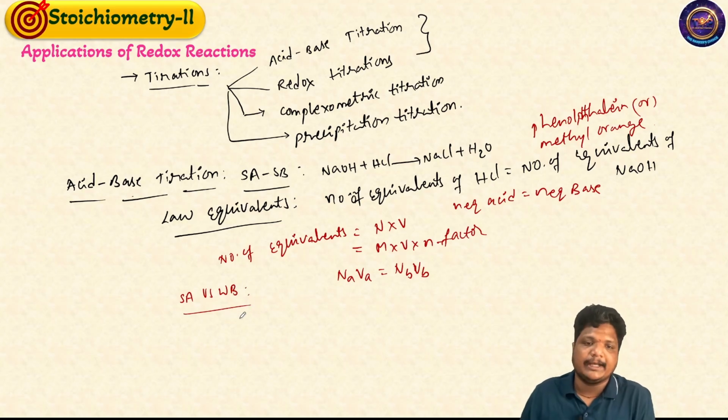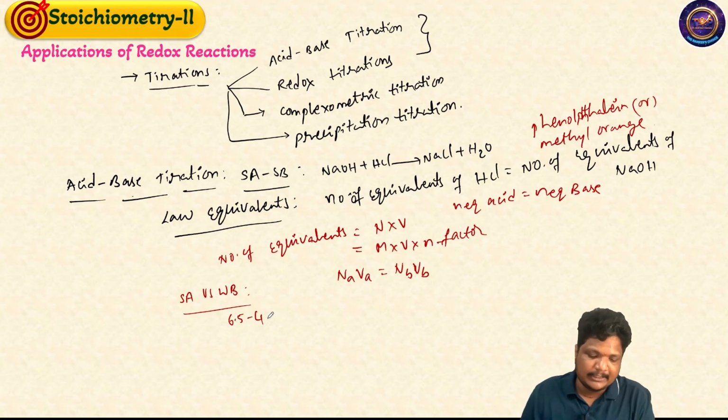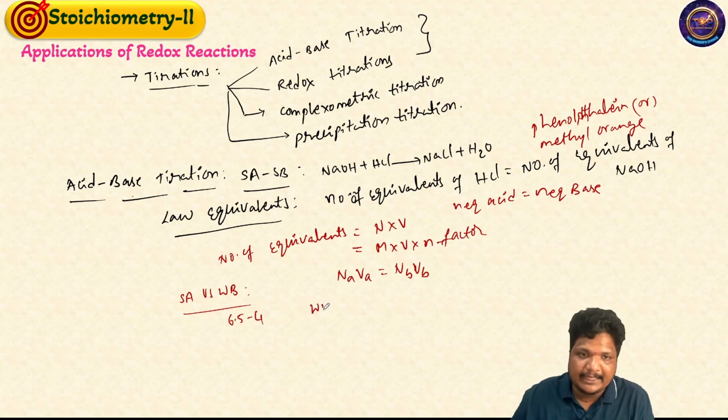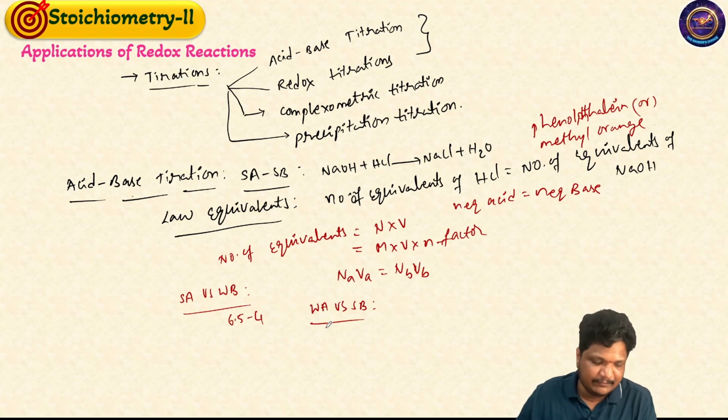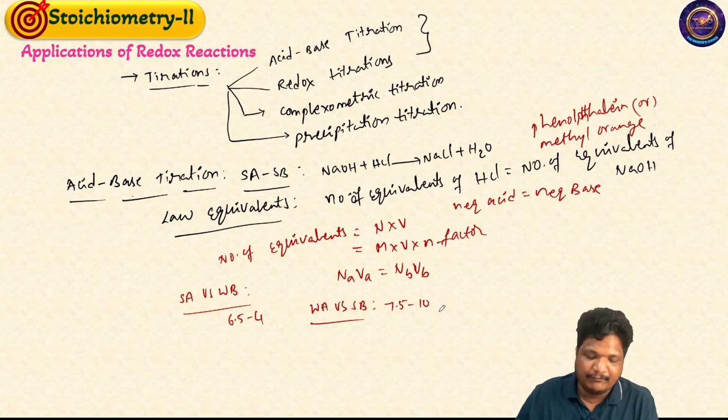For strong acid and weak base, the pH is 6.5 to 4 at the end point, so methyl orange or methyl red is used. The next one is weak acid versus strong base, where the pH of the end point is 7.5 to 10, so phenolphthalein is used as the indicator.